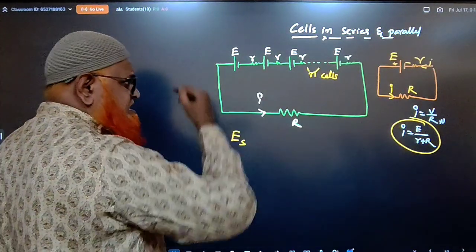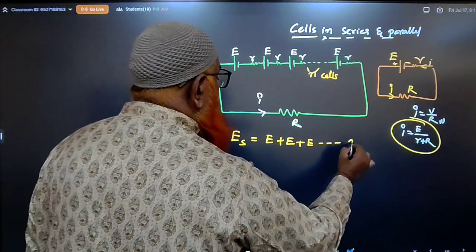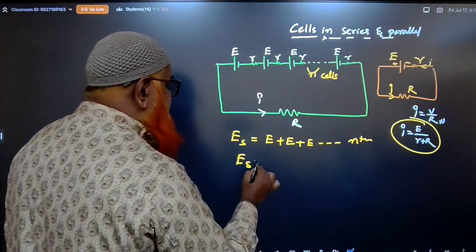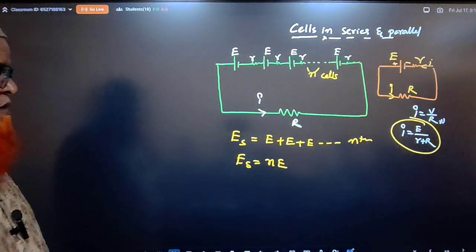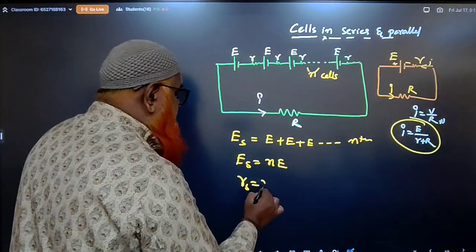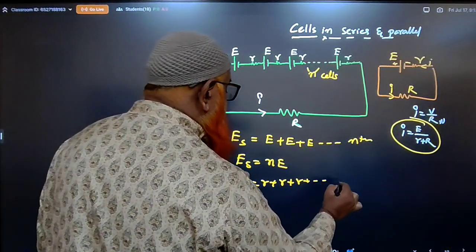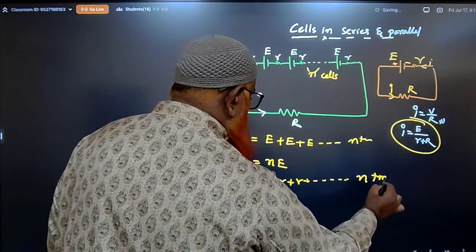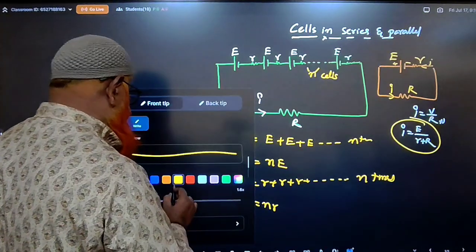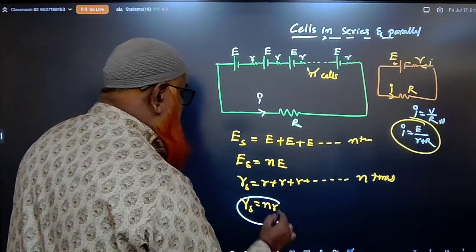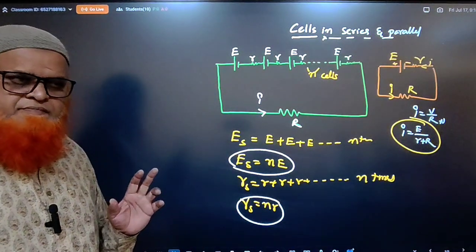The total EMF when they are connected in series is E plus E and so on up to N times, so E series is N into E. Now R in series is r plus r and so on, N times. So R in series is N into small r, and E series is N into capital E. Hope you understood why I have written this.